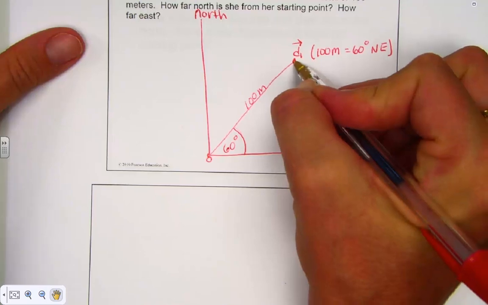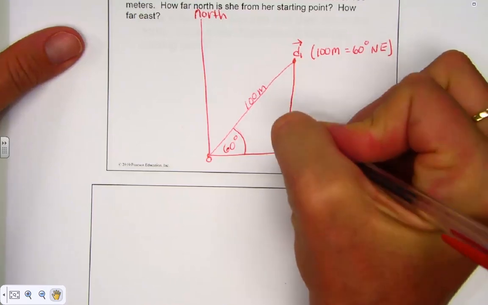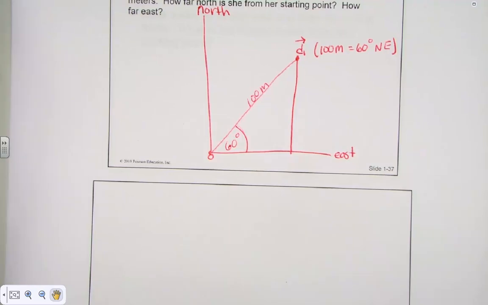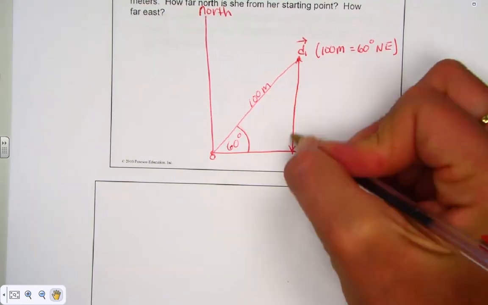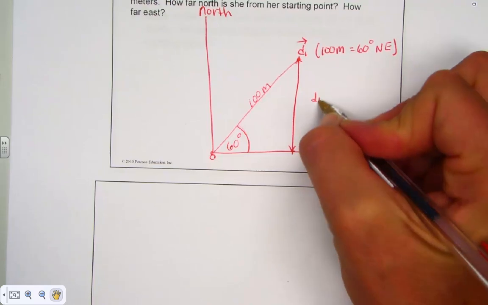I'm going to draw in this side of our triangle. This side that I've just drawn in represents the distance north.